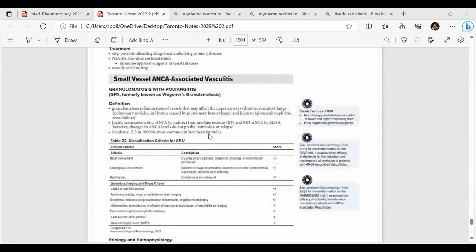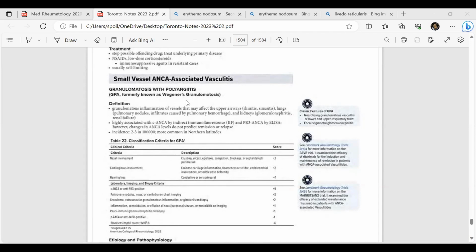Granulomatosis with polyangiitis: granulomatous inflammation of vessels that may affect the upper airways, with rhinitis and sinusitis, the lungs, with pulmonary nodules and infiltrates caused by pulmonary hemorrhage, and the kidneys, with glomerulonephritis and renal failure.